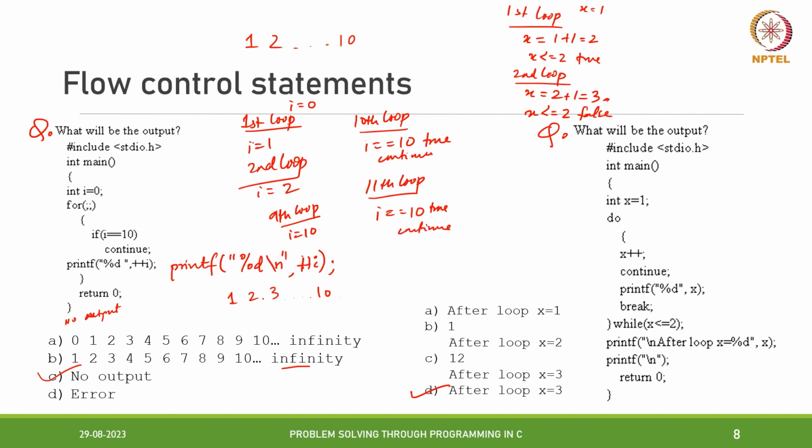So this will continue forever now, because you cannot increment the value of I anymore. The increment is after the continue, right? So there will be no more increment happening. So I will forever be at 10 and the loop will continue infinitely. So that is what should happen. So you should get a value of 1 to 10 followed by the code running but no output after that. But what happens here?